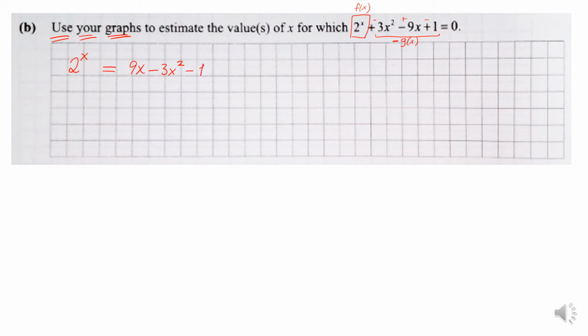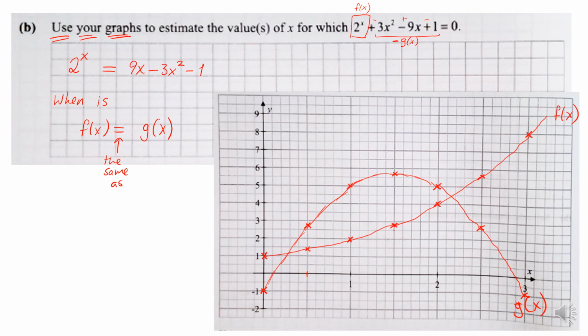So the question is asking, when is f of x equal, and of course equal means the same as g of x. So when is f of x the same as g of x? And we're told to use our graphs, so we should use our graphs, and here we have it.